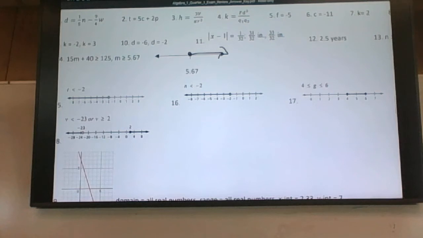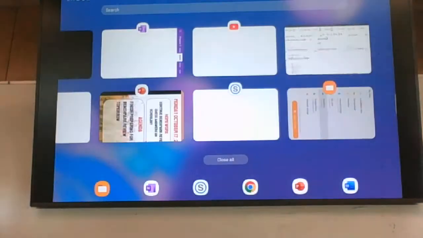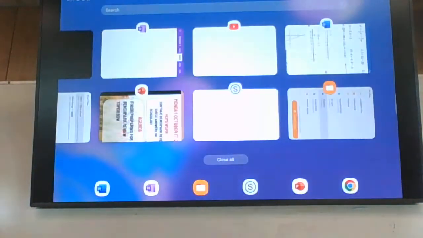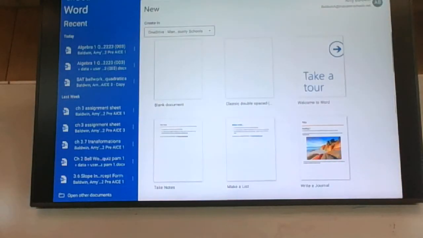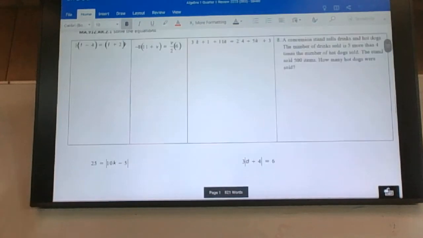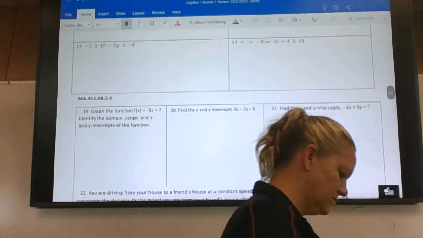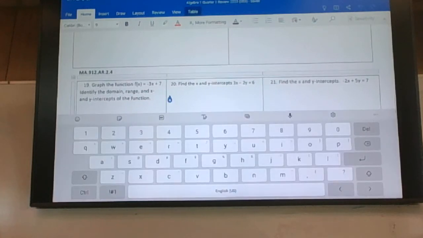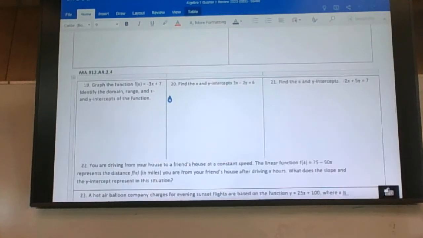All right, let's do 19 and 21 next. Miss, I'll write the problem. All right, you guys, I'm going to set both of these up on the board so that I can work really efficiently.